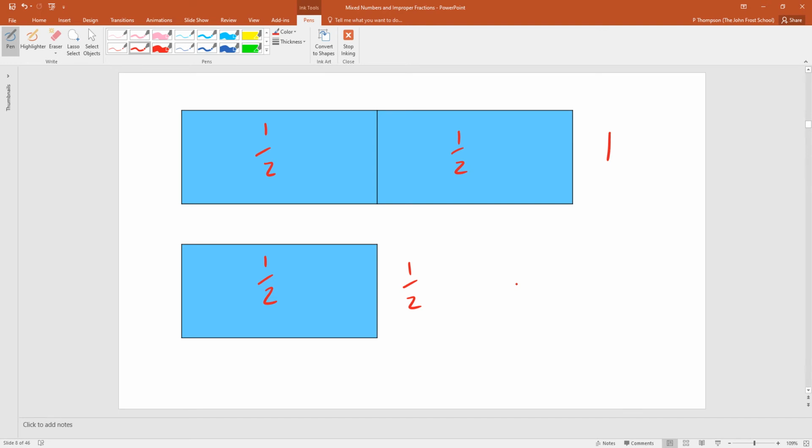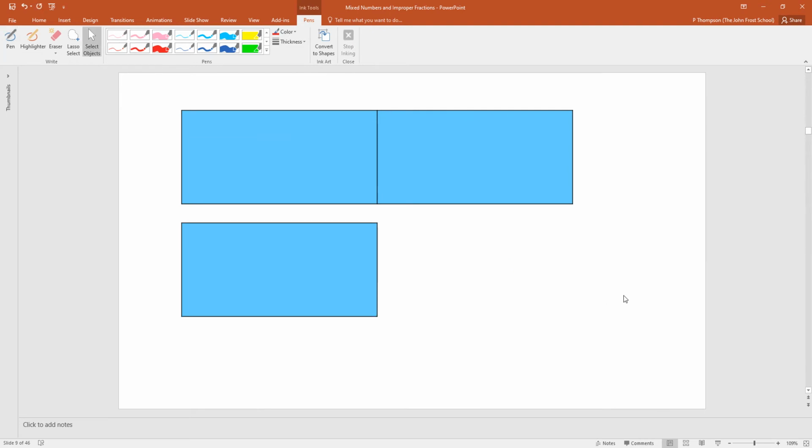Some people would say that 1 and a half is called a mixed number. It's a mixture of a number and a fraction. But some people would rather write it as 1, 2, 3 halves. So 1 and 1/2 is actually 3 halves: 2 halves to make the whole one, and a spare half gives you 3 altogether.